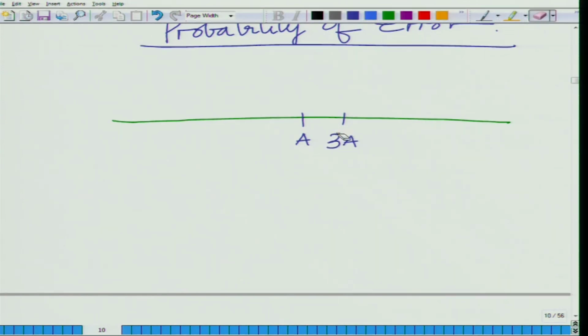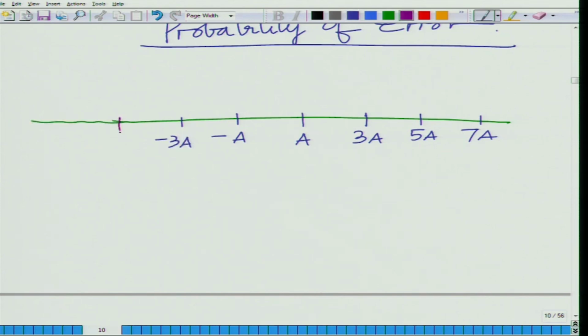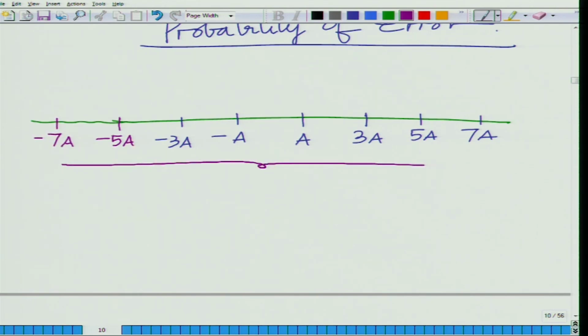The levels are A, minus A, minus 5A and minus 7A. This is your M equal to 8 PAM.